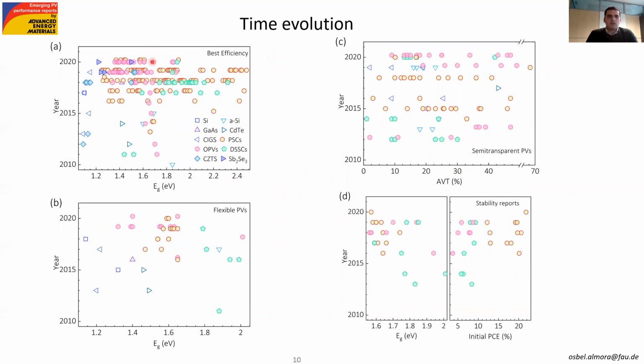Here, you see that we find a lot of research in organics and perovskites. However, there are some sections in bandgap, for instance, which in the last few years are not as attractive as they were 10 years ago. And the same you can find for the semi-transparent photovoltaics or for the stability reports.